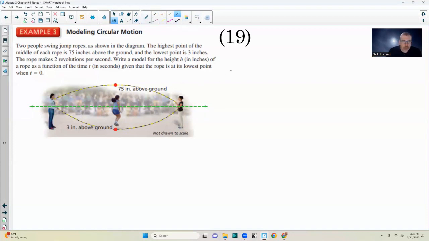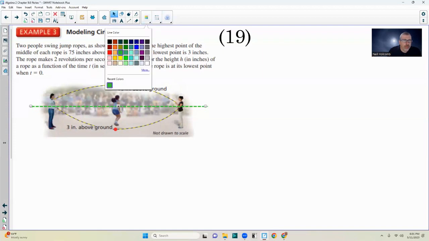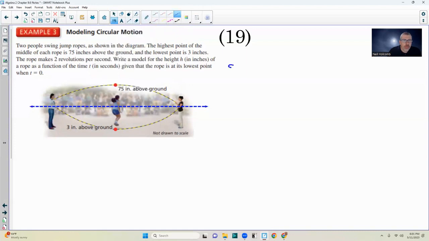So step 1, I'm going to write it over here. Step 1: identify the maximum and minimum values.